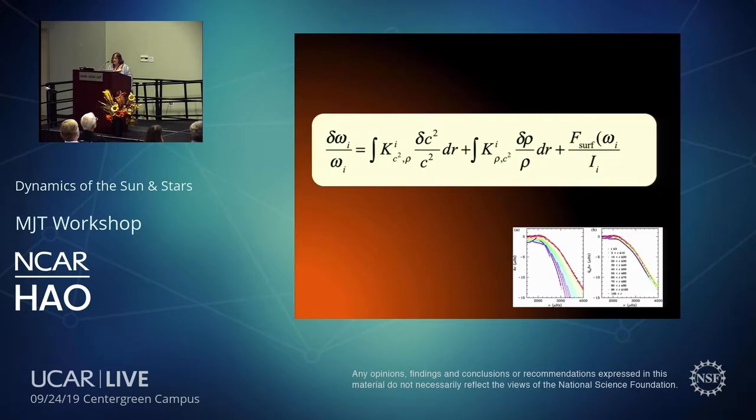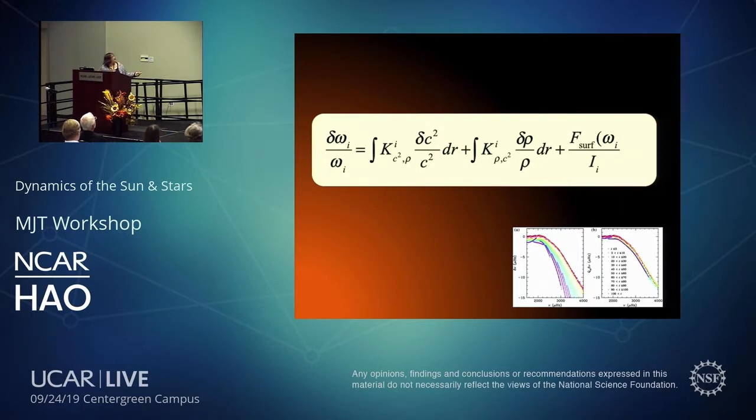We connect the relative frequency difference between a model and the sun to a kernel response and the relative squared sound speed difference between the model and the sun, another set of kernels and the relative density difference between the model and the sun, and a surface term which basically takes care of this trend.